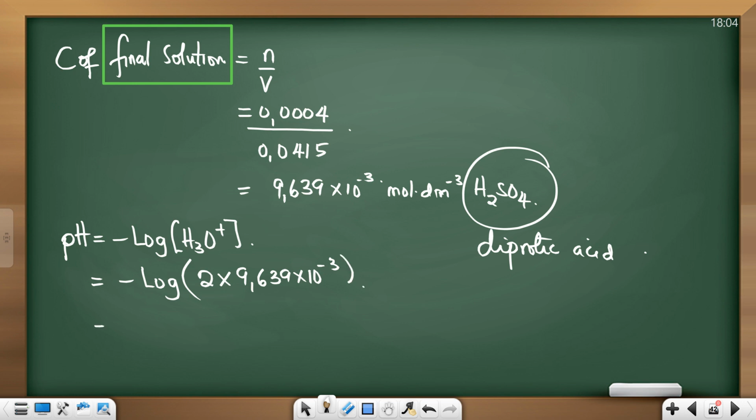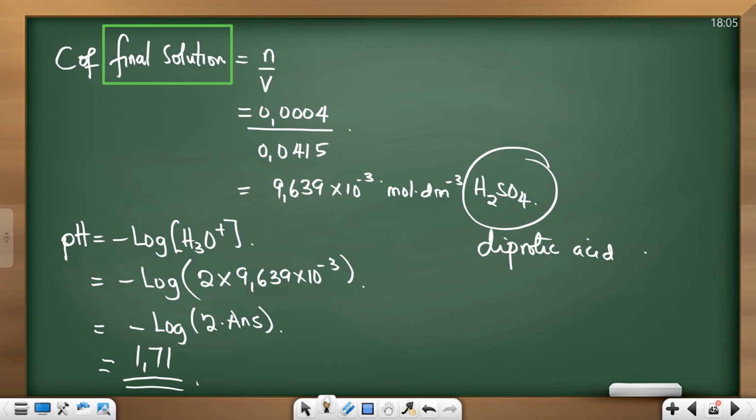On your calculator, you can press negative log 2 multiplied by answer, and you get me the final answer. What's your answer? I have a 1,71. Is that what you all got?